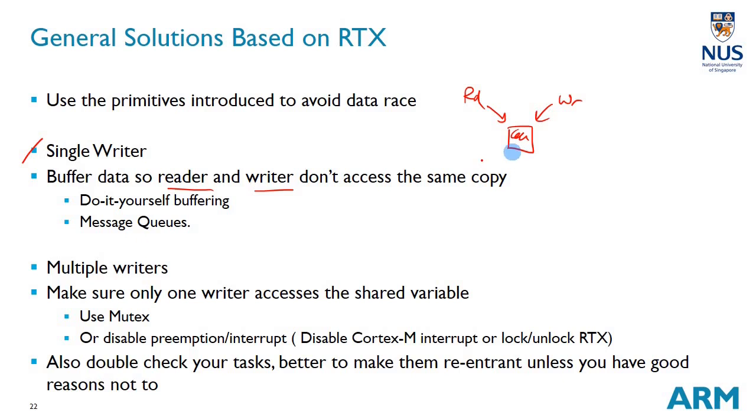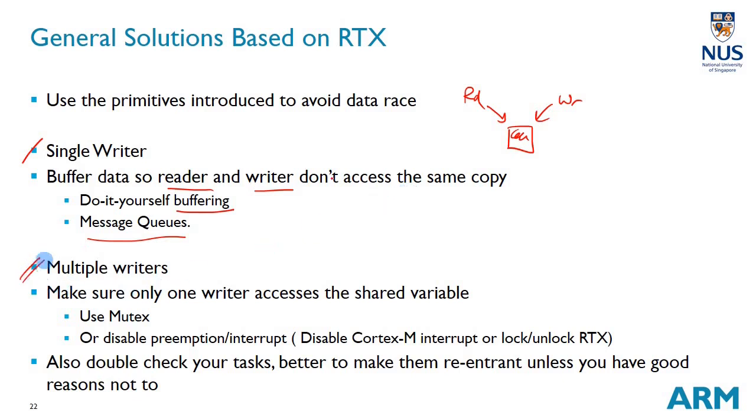So you can put in some buffering at a programmer's level, or you can use message queues, where the writer writes to one end of the message queue and the reader reads from the other end. Some mechanism like this can avoid a race condition.